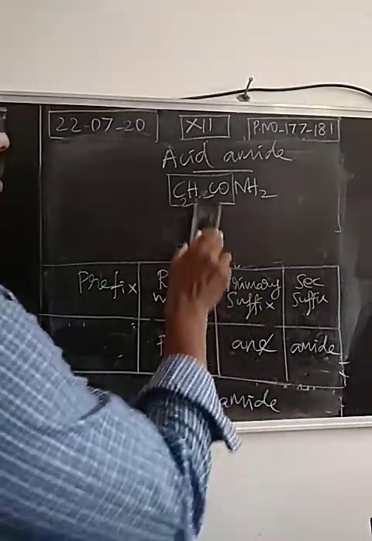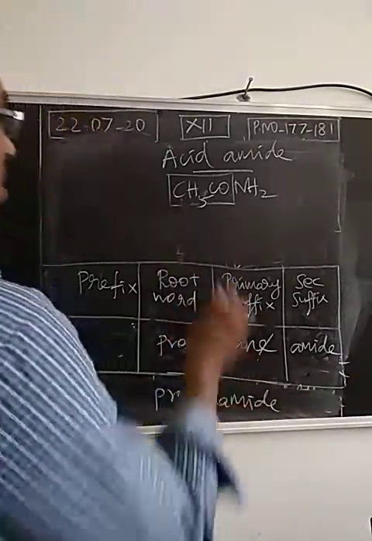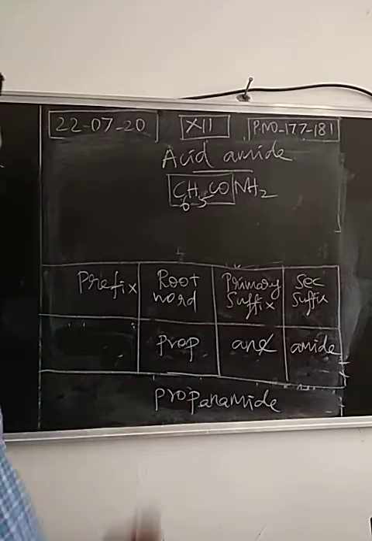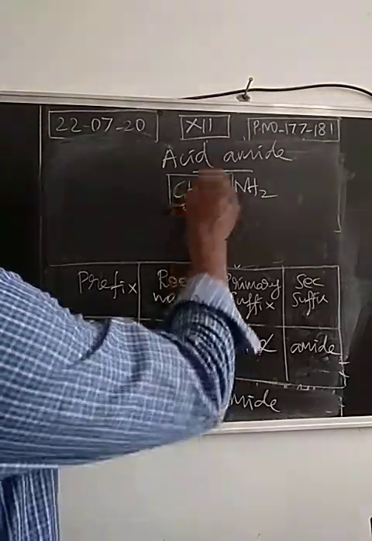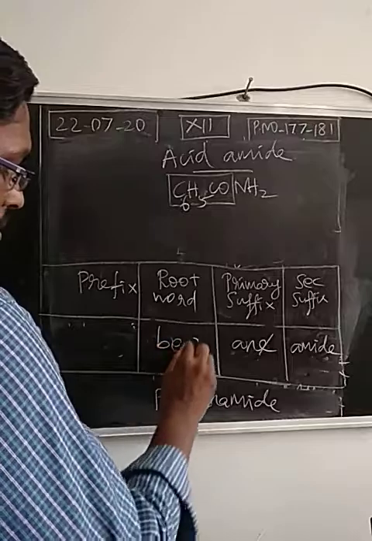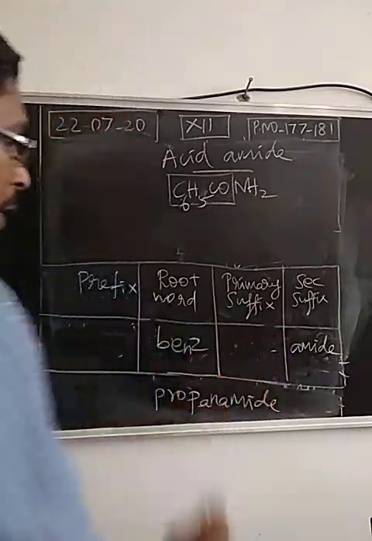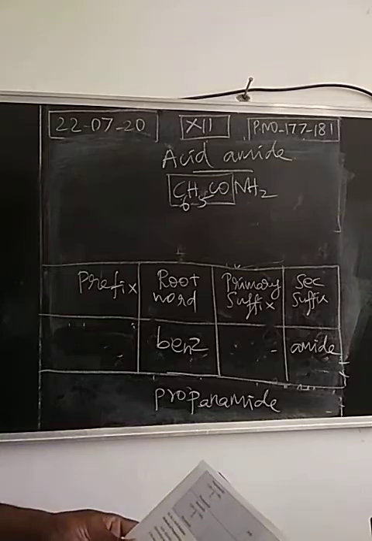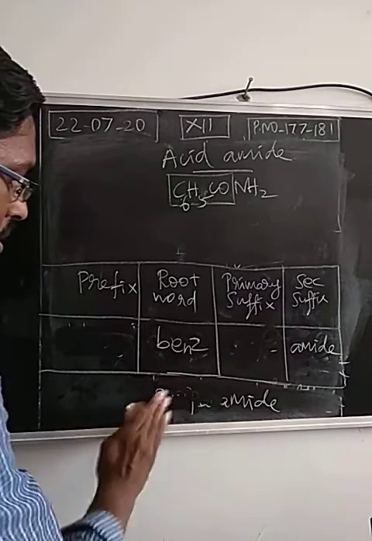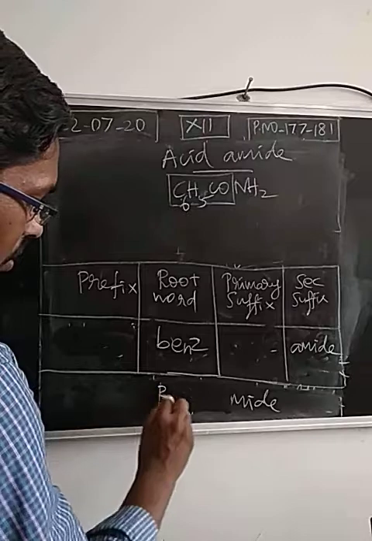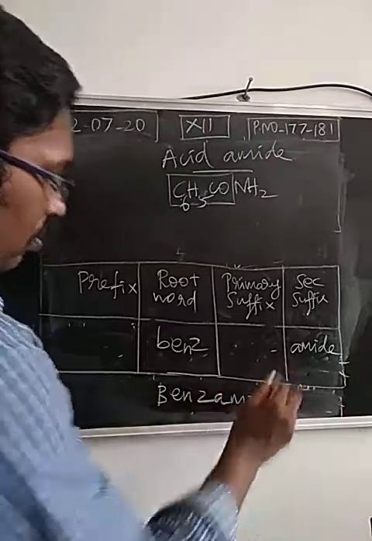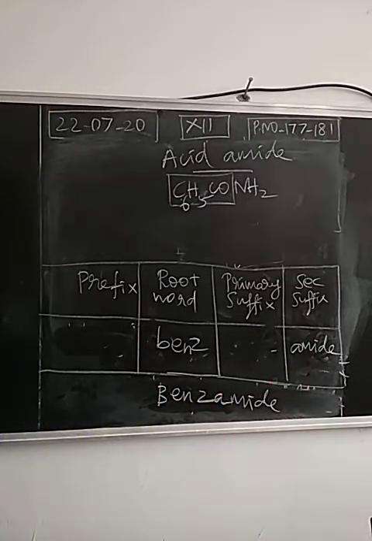Next one, C6H5CONH2. So this is a benzene ring. For aromatics, we need not mention any primary suffix. So this will be called benzamide. So with this IUPAC nomenclature over.